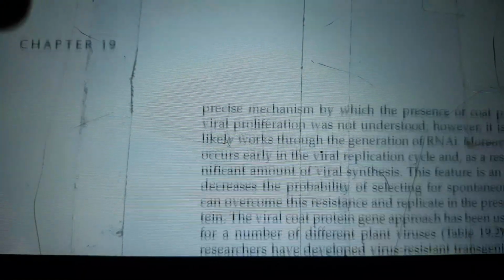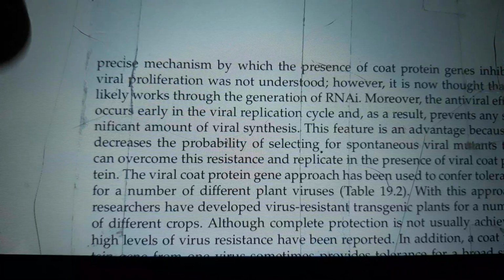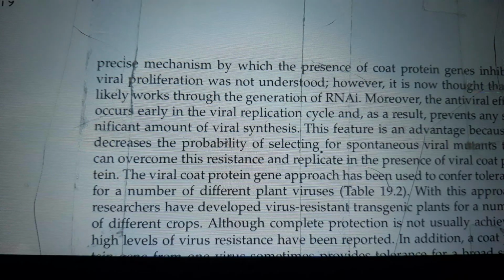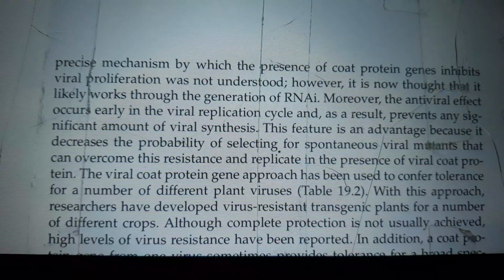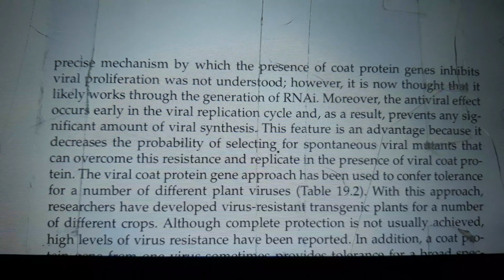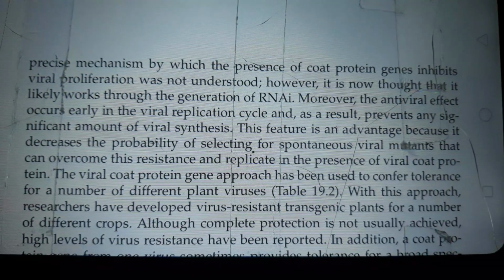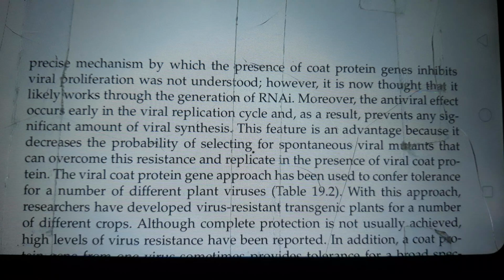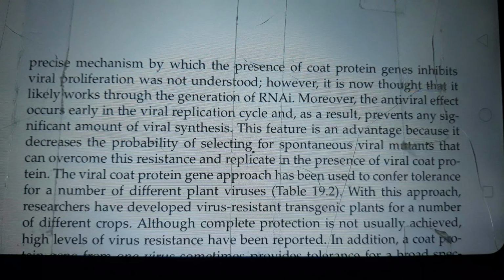For a long time, the precise mechanism by which the presence of coat protein genes inhibits viral proliferation was not understood. However, it is now thought that it likely works through the generation of RNAi. Moreover, the antiviral effect occurs early in the viral replication cycle, and as a result, prevents any significant amount of viral synthesis.